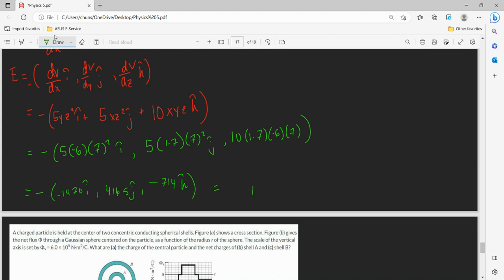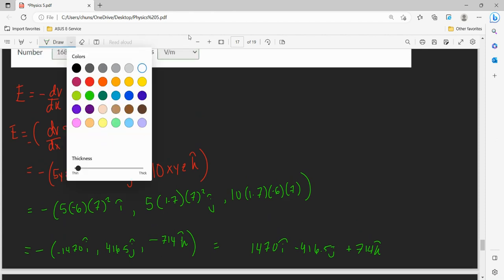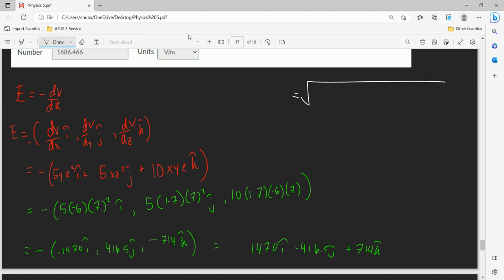And when we distribute those, this is minus 416.5 in our j direction, plus 714 in our k direction. And now when we find our magnitude, that's 1,470 squared plus negative 416.5 squared plus 714 squared.